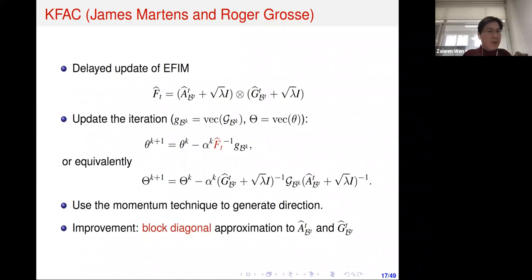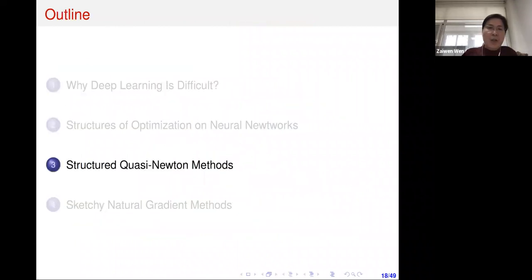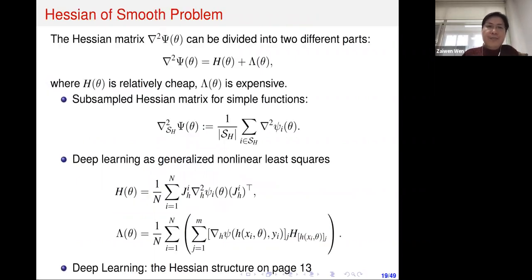So today I'm going to show you two other methods to take advantage of the structure of the Hessian matrices. The first one is a quasi-Newton type method. So once again, let's look at the Hessian.